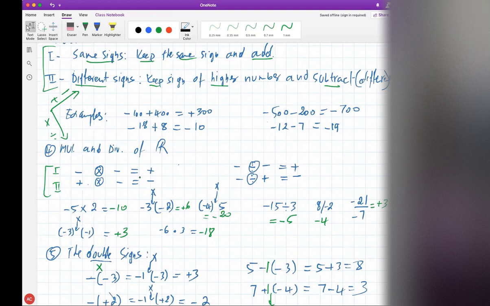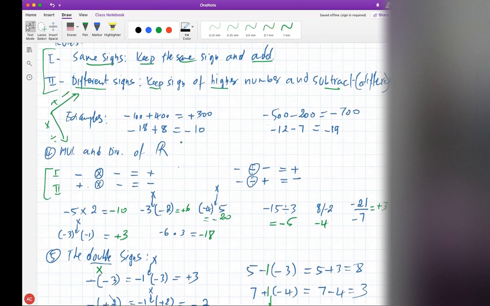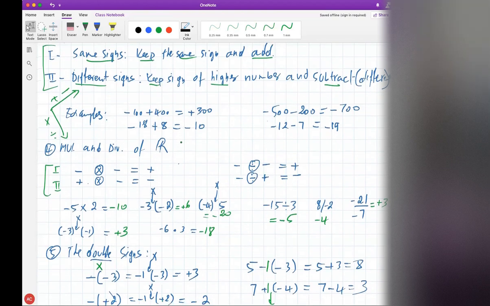And all the issues, your sign problem should be basically solved using these here. Any questions, everybody? Any of these rules here? If anybody has any questions, please let me know. That's good.